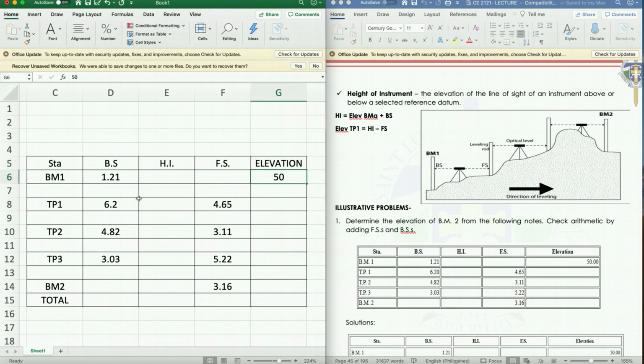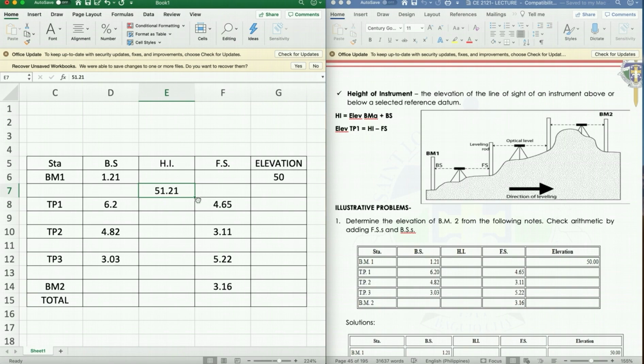Now, to get the height of the instrument at the first station, it will simply be 50 plus 1.21, so that is 51.21. Now, to get the elevation of turning point 1, it is height of instrument minus the foresight, and this is the foresight of this setup.